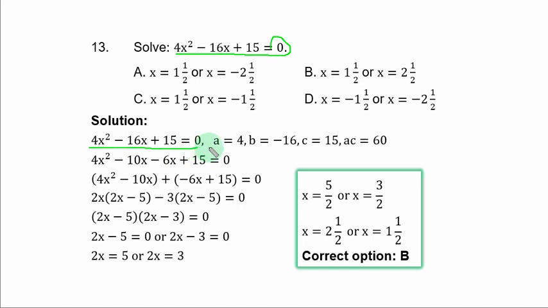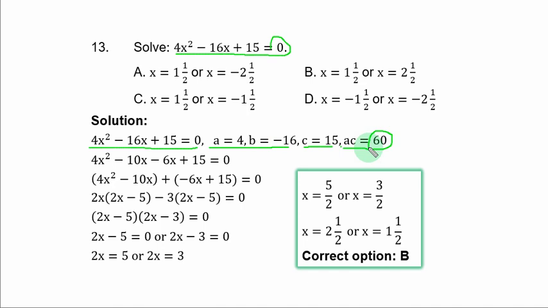That means that a is equal to 4, the coefficient of s squared, b is equal to minus 16, the coefficient of s, and c is equal to 15, the constant term. Whenever a is not equal to 1, you always look for ac, and ac means 4 times 15, that is 60. Your attention is now on 60, not 15.